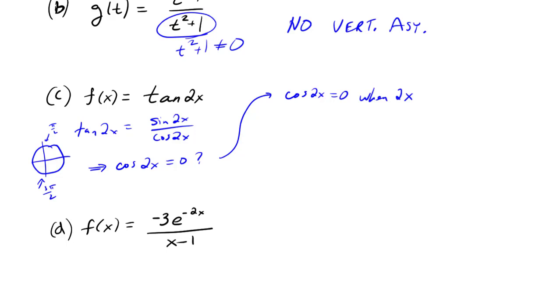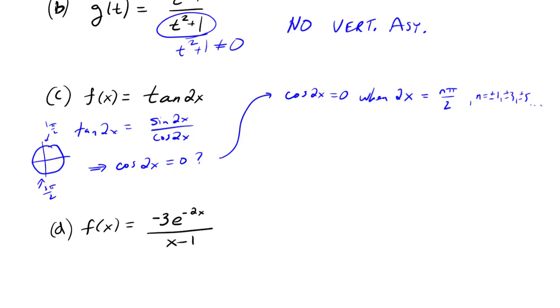Basically any odd pi over 2, so 1 pi over 2, 3 pi over 2, and then 5 and 7 pi over 2, and all of that. So when 2x is n pi over 2, for n equals, and I could even go the other way, so I could go negative, so plus or minus 1, 3, 5, etc. Okay.